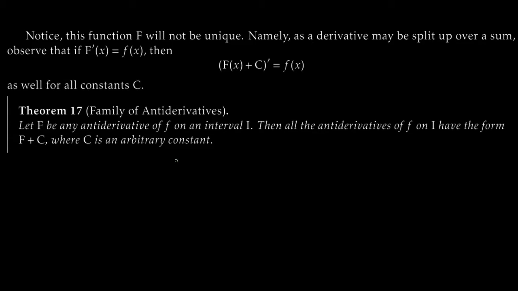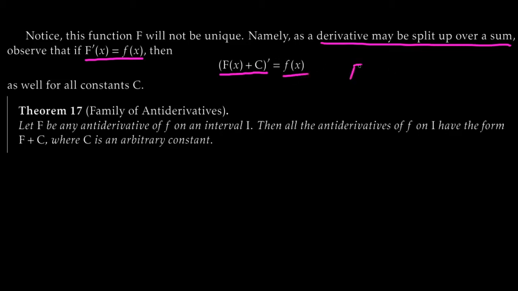The idea of it is just that since a derivative can be split up over a sum, then if big F is an antiderivative of little f, that is, if big F prime is little f, then the derivative of big F plus c for any constant c, any number, f plus 5, f plus 2, f minus 137, take a derivative, you still get the same thing.